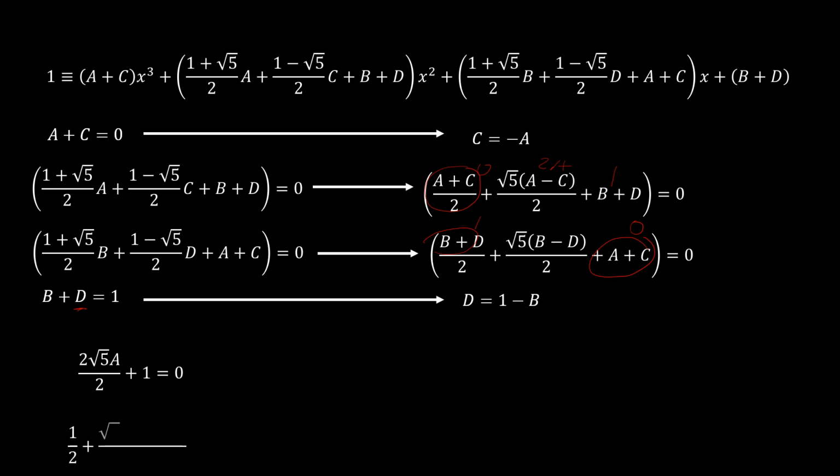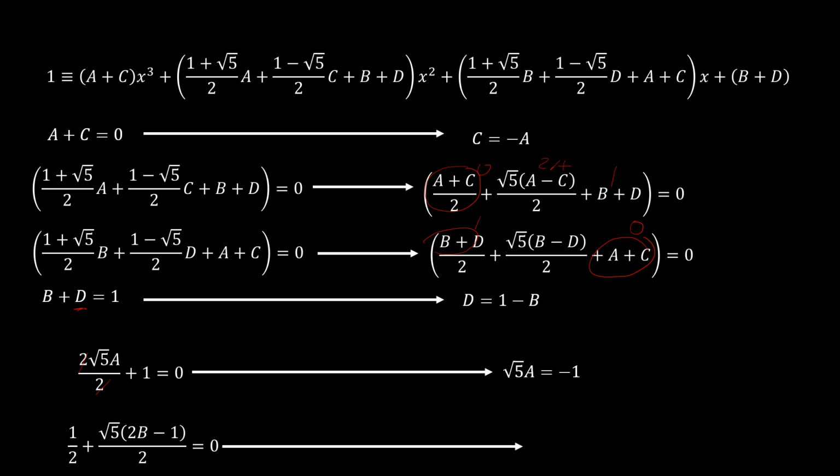And so we have a half from here, 1 over 2 times plus root 5 times (2b minus 1) over 2. And since this is 0, that equals 0. And so from here, we can clearly see that the 2's here cancel, and so root 5 a equals negative 1.